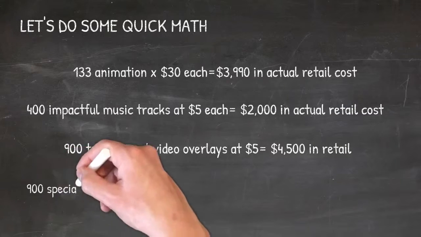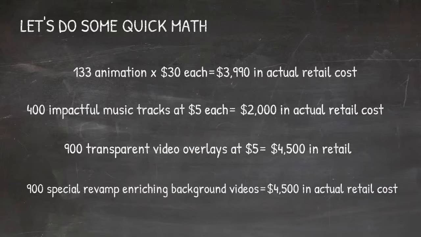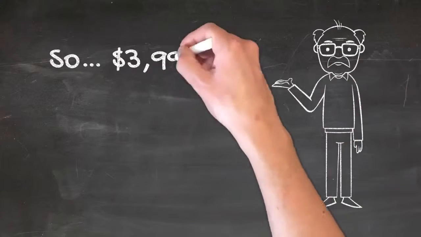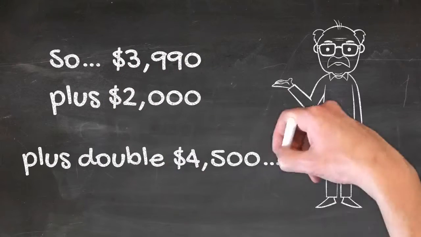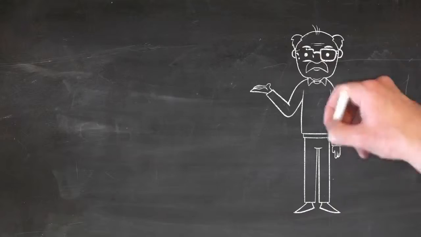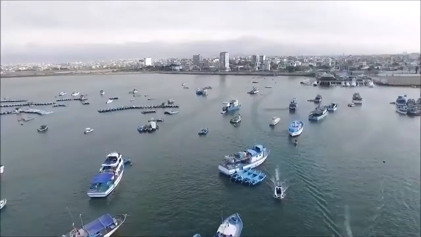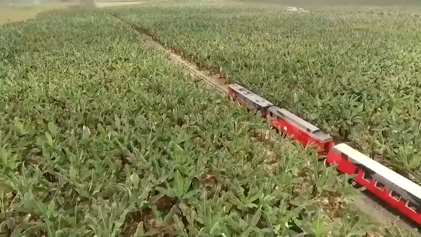And last but not least, 900 special revamp enriching background videos. That's another $4,500 in actual retail cost. So $3,990 plus $2,000 plus double $4,500, that is $14,990 actual retail cost.